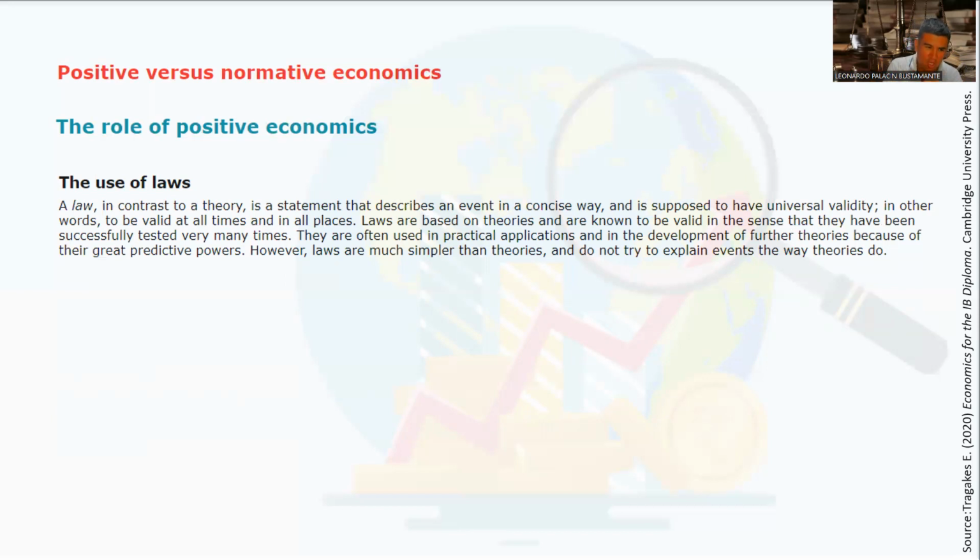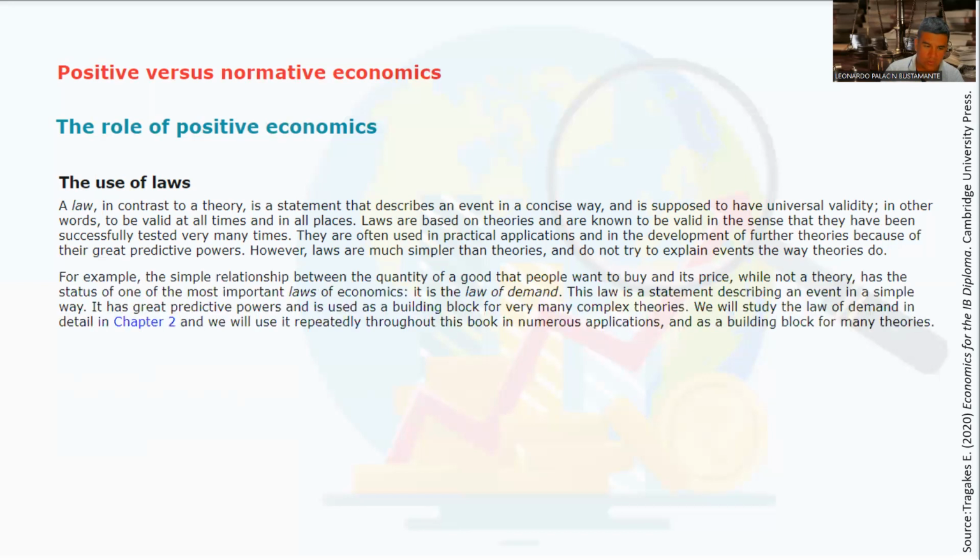So a law is a successful theory tested many times. They are often used in practical applications and in the development of further theories because of their great predictive powers. However, laws are much simpler than theories and do not try to explain events the way theories do.